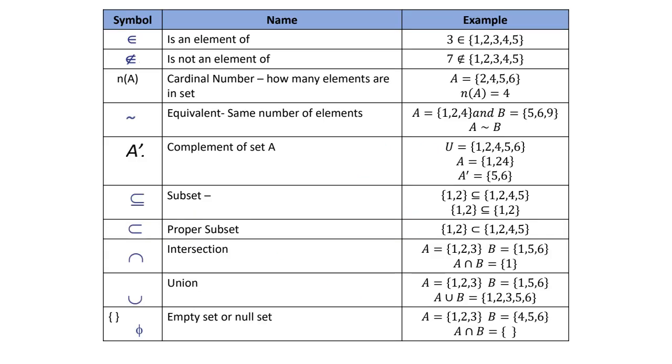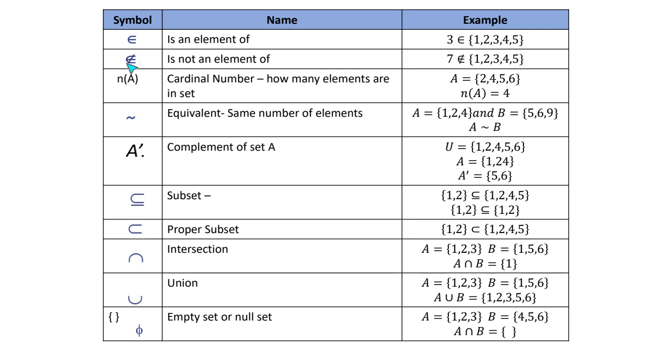Now in this section, there's a lot of symbols, and the symbols are important, so I wanted to list them here for us in a table. This first symbol stands for "is an element of," and an example here is 3 is an element of this set. In other words, 3 is inside of this set.